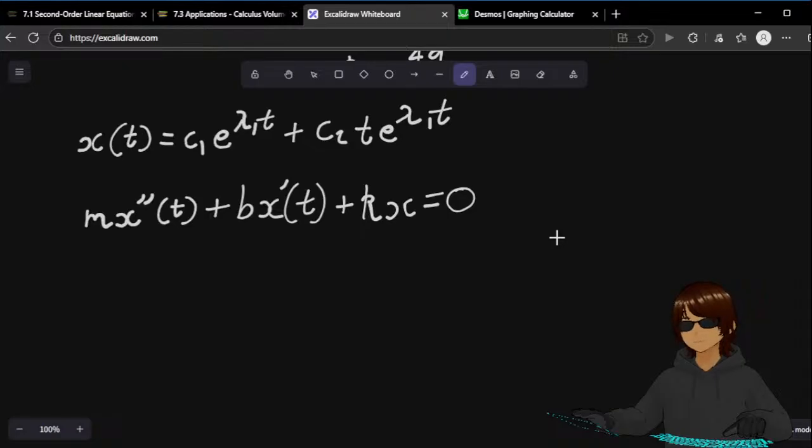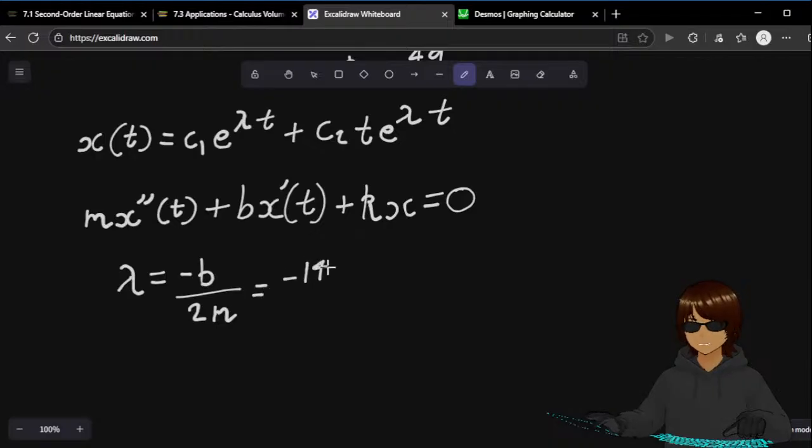So alpha, there's only one alpha, is equal to minus b over 2a.